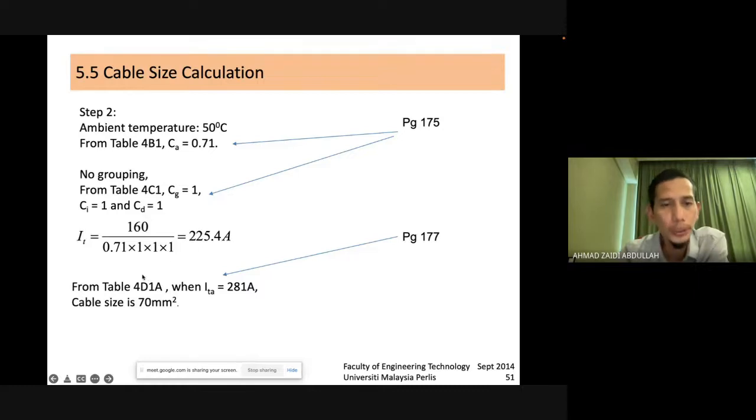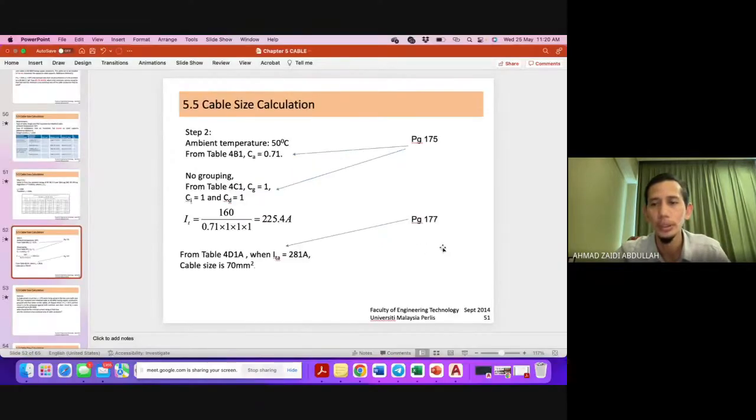Based on that, we open our books again, page 177. We have 225.